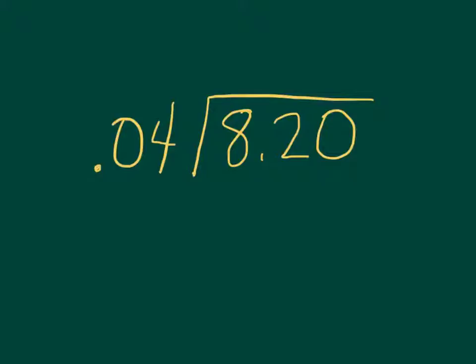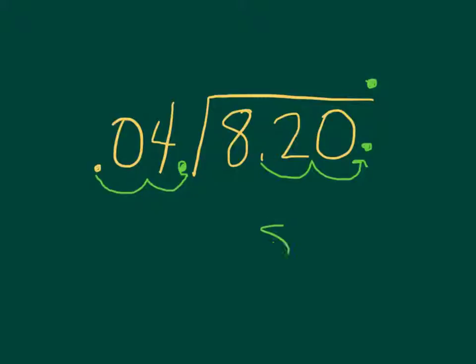In doing so, it means you're going to be moving the decimal 2 places. So times 10 times 100. Whatever you do to one side, you do to the other. So we're going to multiply this times 10 times 100. So now the decimal's here, and we'll make it straight up.